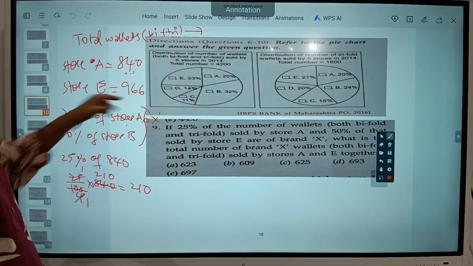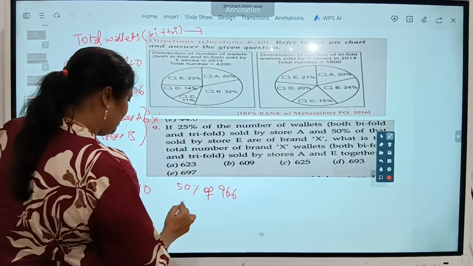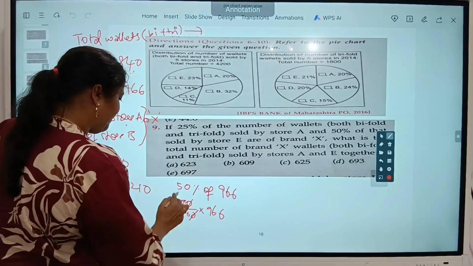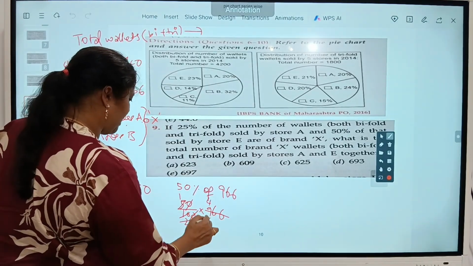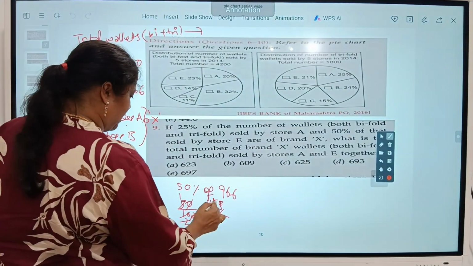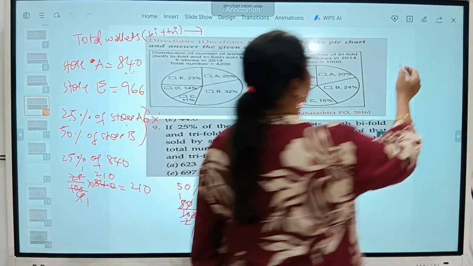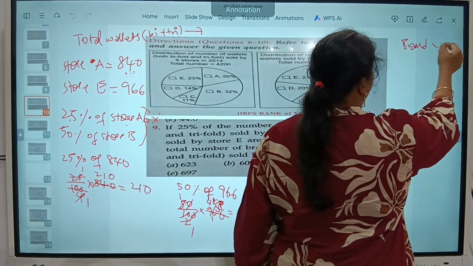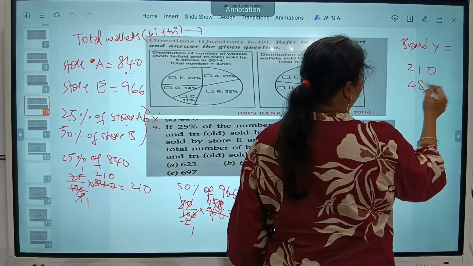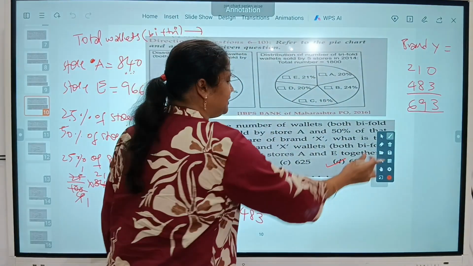And 50% of 966, 50 by 100 into 966. So this is 483. So the total number of brand X wallets is equal to 210 plus 483, 693. So the answer is D, 693.